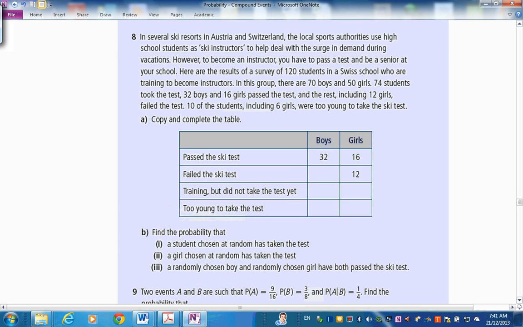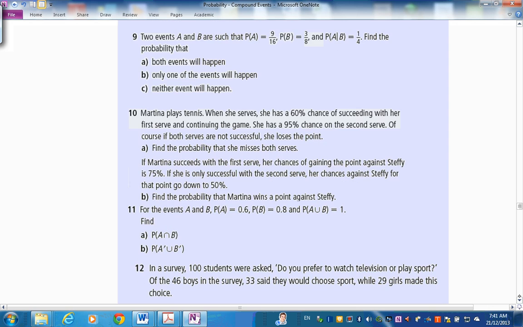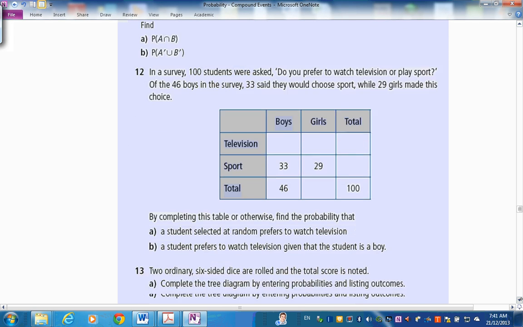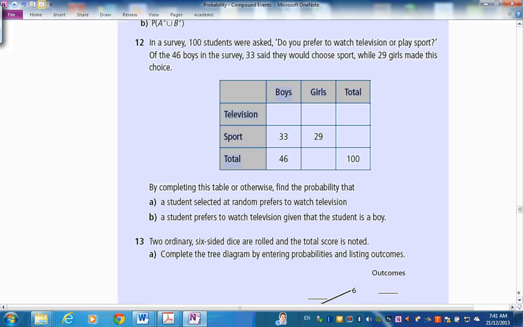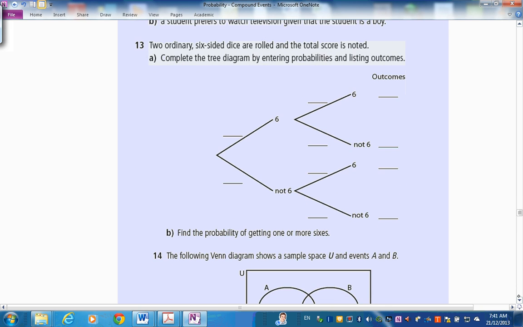Question 8. Nine, 10 and 11 there. We'll come to 13 in a minute. There's 13, a little bit of a tree diagram there.